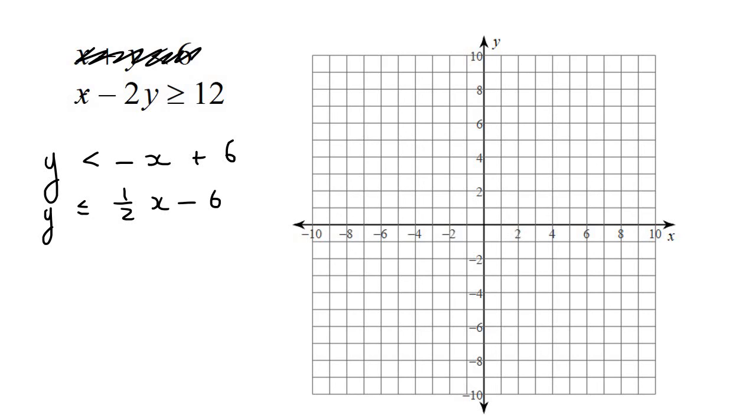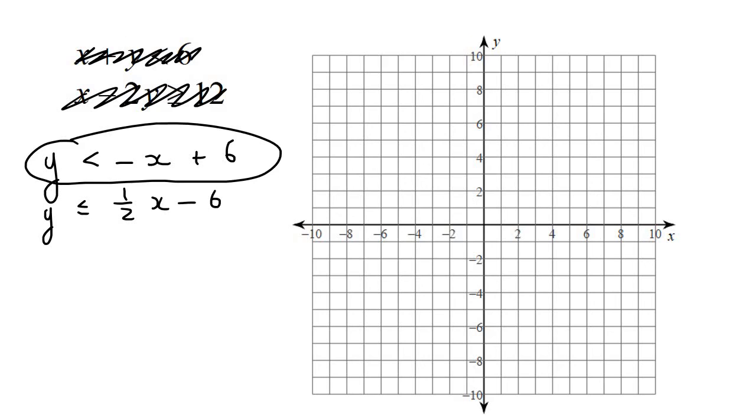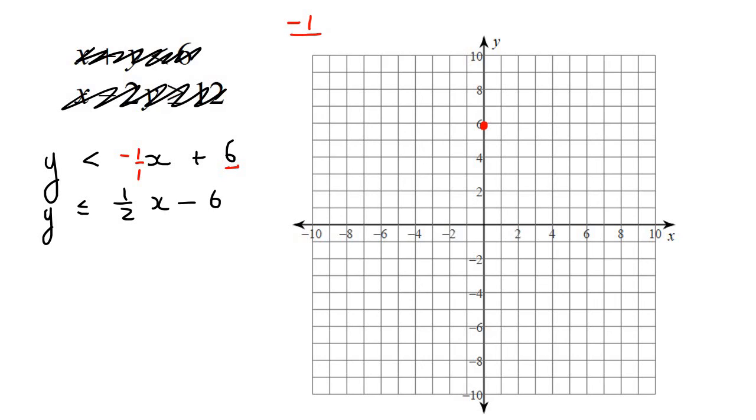Now we just need to go plot these both using the methods we've been using in this whole lesson. So I'm going to start with this one over here. So we know that it has a y-intercept of 6, so we put a little dot at the 6. And then the slope is negative 1, you could think of it as negative 1 over 1.